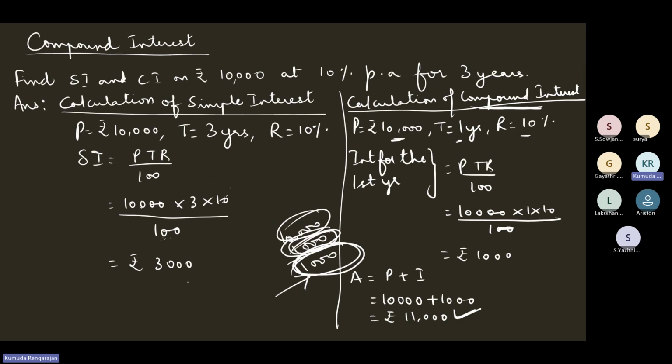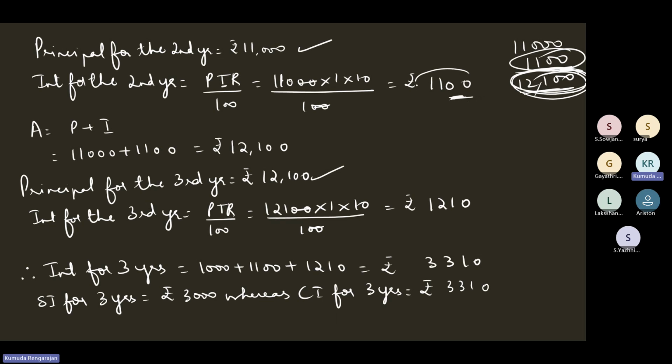We got 1,000 rupees for the first year, and then we got 1,100 for the second year, 1,210 for the third year. So the interest portion alone under compound interest is 1,000 for the first year, 1,100 for the second year, 1,210 for the third year. Yes, the interest should keep increasing every year.